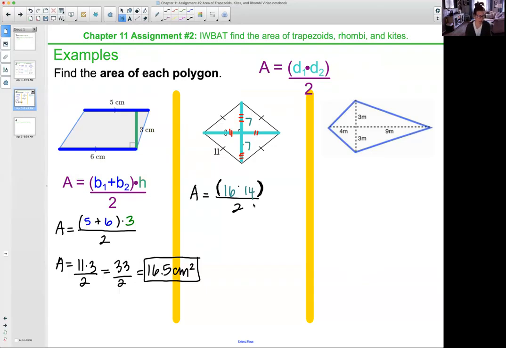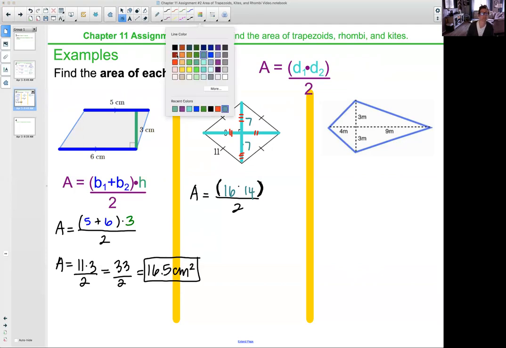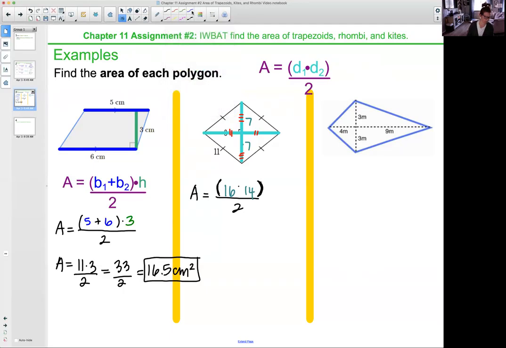So go ahead and simplify that. You're going to do 14 times 16 and get 224. And then divide it by 2, and you will get 112. This one doesn't have the units up here, so put a u squared.